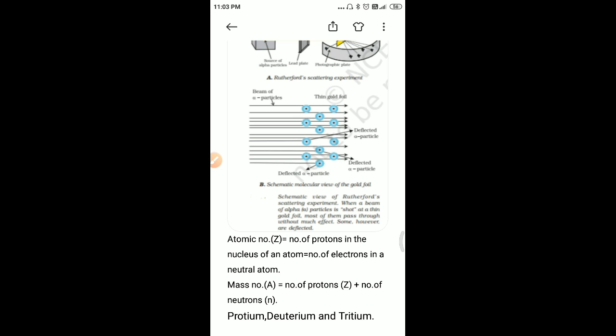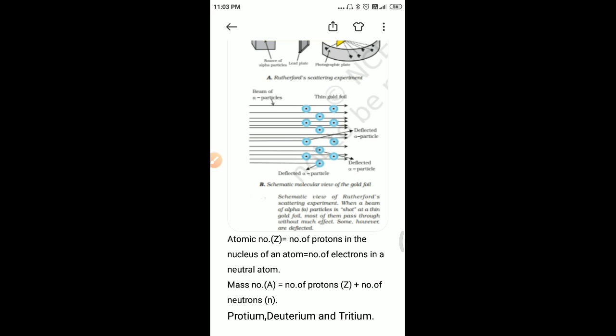Atoms with identical atomic number but different mass number are known as isotopes. The difference between isotopes is due to the presence of different numbers of neutrons.